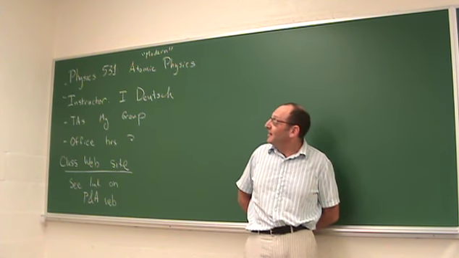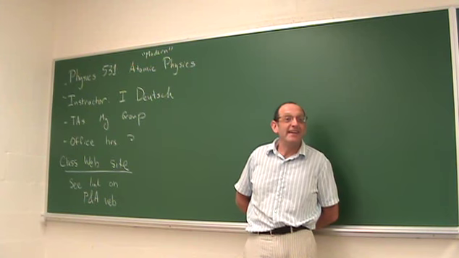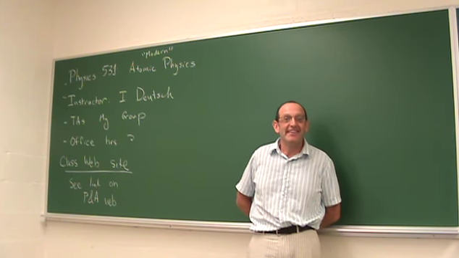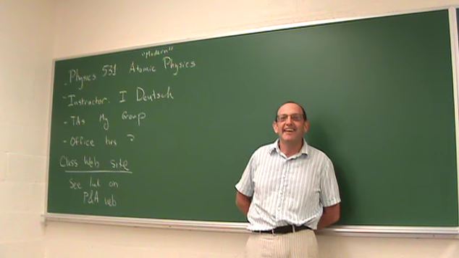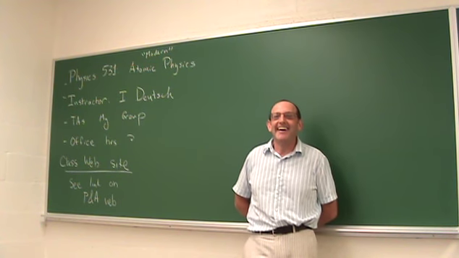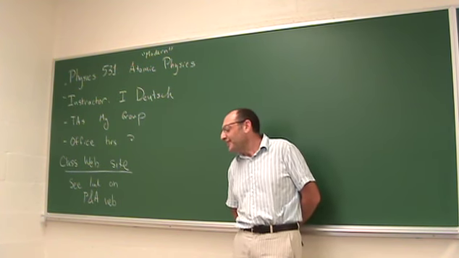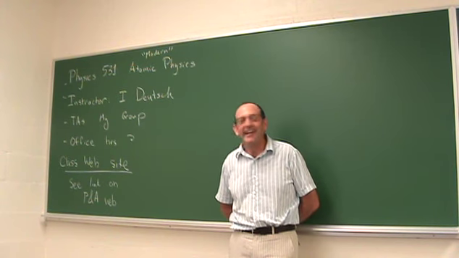The TAs for the course will be the students in my group, so you can harass them, even if they're in the class. And we'll work out a grading scheme.